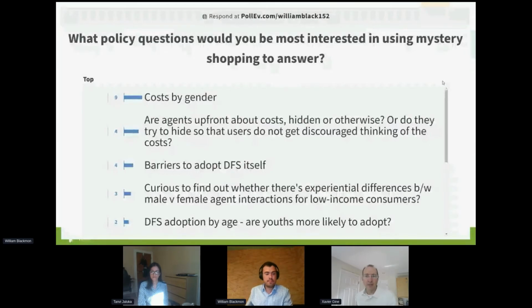Please, may I jump in here? So actually, in a country like Bangladesh, speaking of gender issues, one of the facts is that there's less participation in mobile money markets among females than males. And one of the reasons why that's the case is because women might feel uncomfortable dealing with agents.